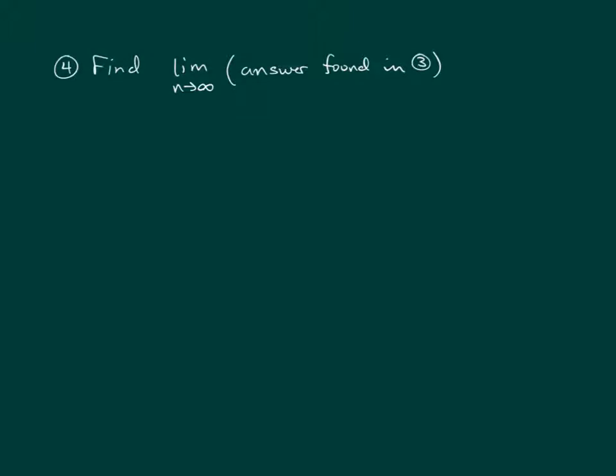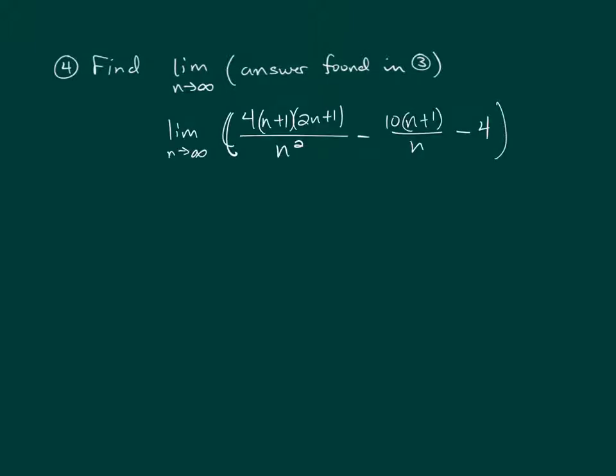Finally, step 4. Find the limit as n goes to infinity of the answer found in step 3. All right, so this means we are trying to find this. And as it turns out, you can find the limit of each term and combine them accordingly. So I'm going to find the limit of the first term first.